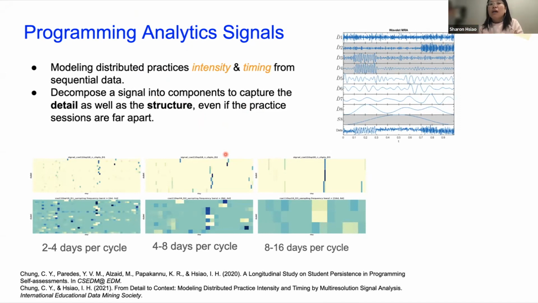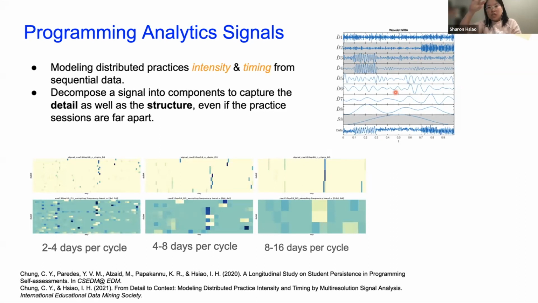So then we moved on to how we detect the signals of where they learn that could capture the details as well as the overall structure. So we used computer vision and signal processing techniques, so that you could see these wavelets. When we look at pictures, how do you detect the contour of a building, a contour of a cup of foam? It's essentially the intensity of the signals.